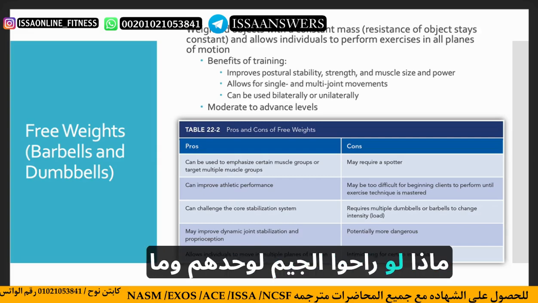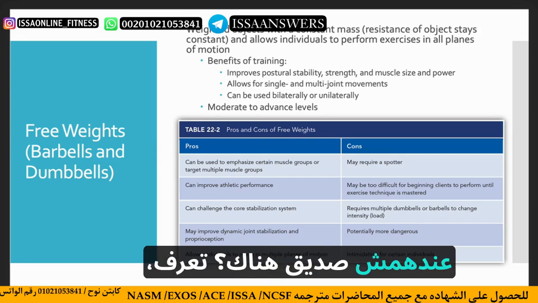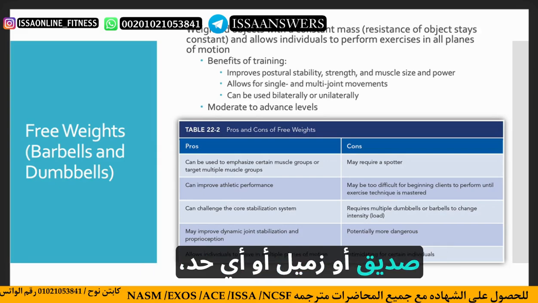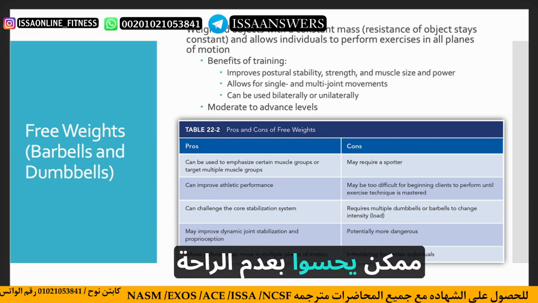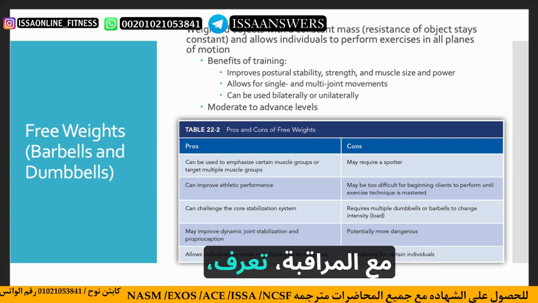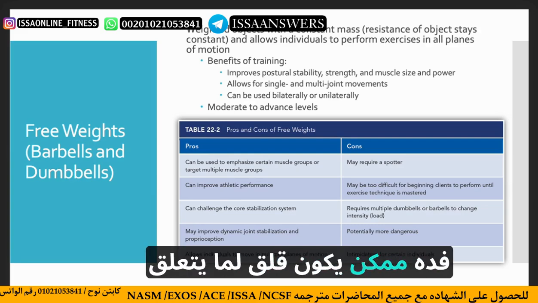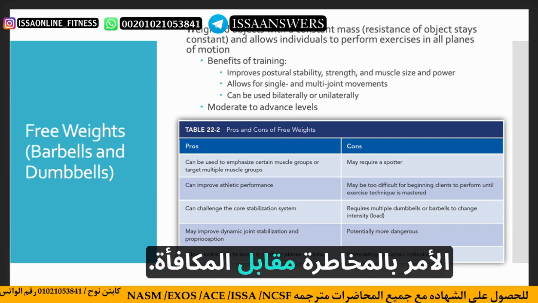What if they go to the gym on their own and don't have a friend or a colleague there? They might feel uncomfortable trying to find a spotter. So that can be a concern when it comes to risk versus reward.